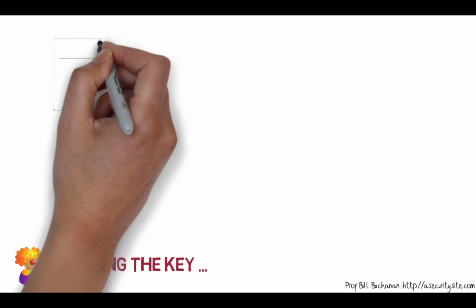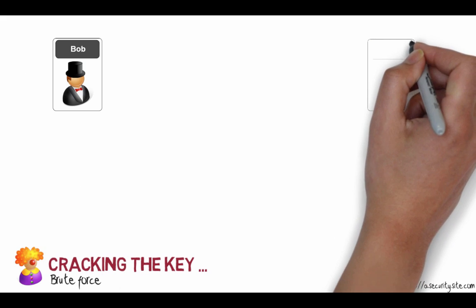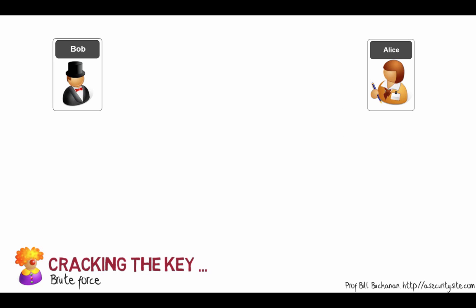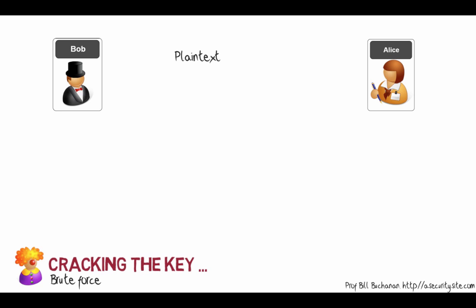Okay, so let's see how they can be cracked. Well, one method is brute force. With brute force, Eve, here we have Bob, and Alice again, and in this case we have our plain text.